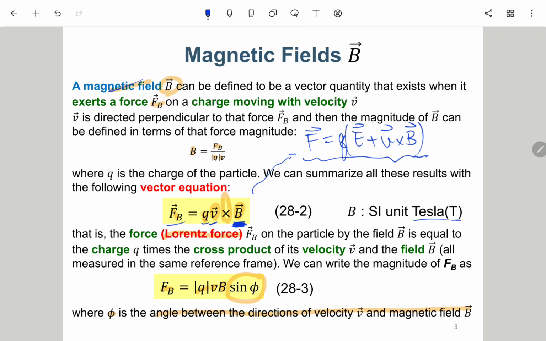They just separate them. This is the Coulomb's force, and this is the so-called Lorentz force. But for some other material, they may combine them together.